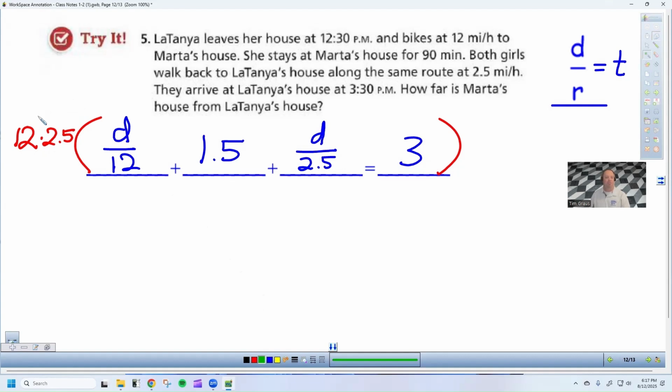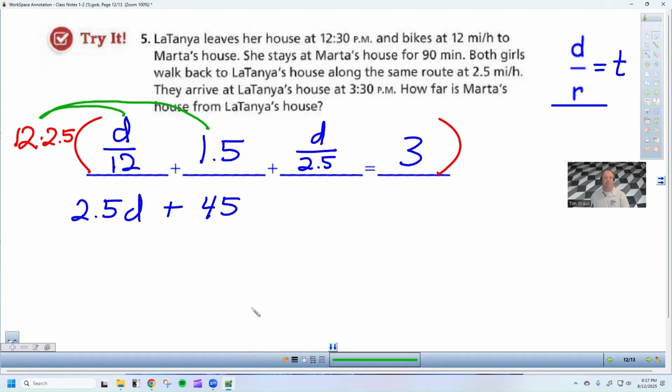If I multiply 12 times 2.5 times this first fraction, the 12s will cancel out, and I'll be left with not a fraction, but just 2.5 times D. If I multiply 12 times 2.5 times 1.5, I will get 45. I did that earlier on a calculator.